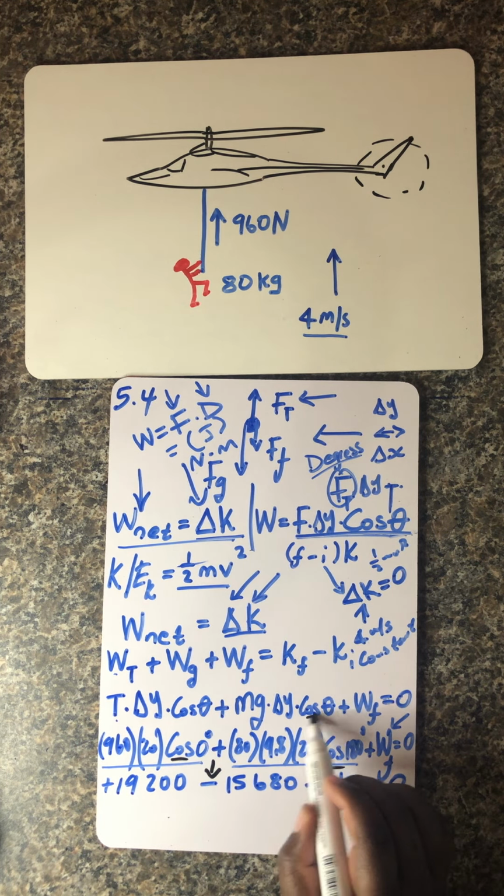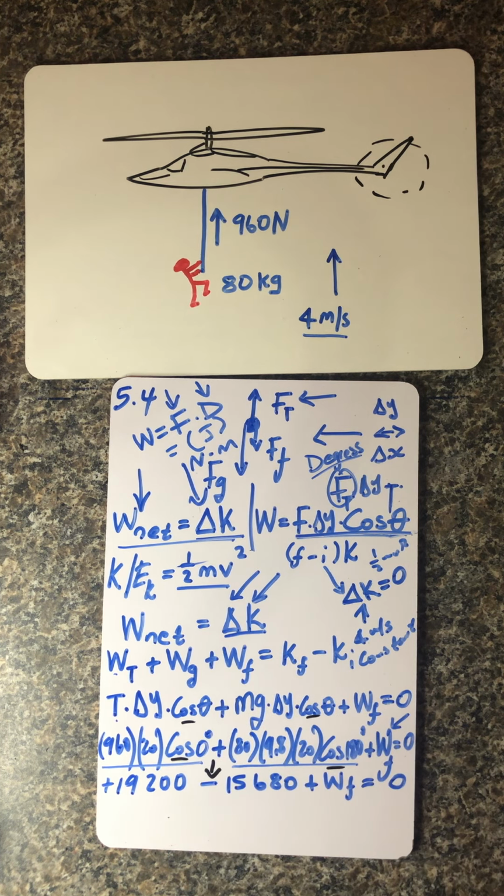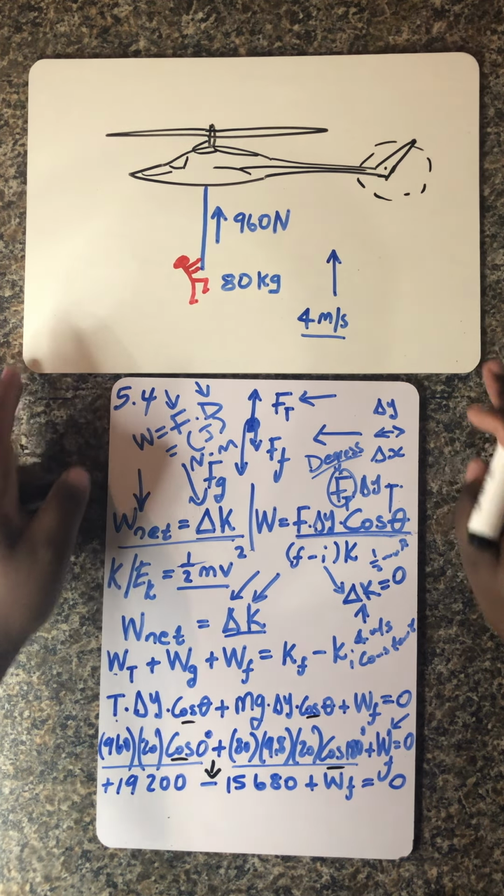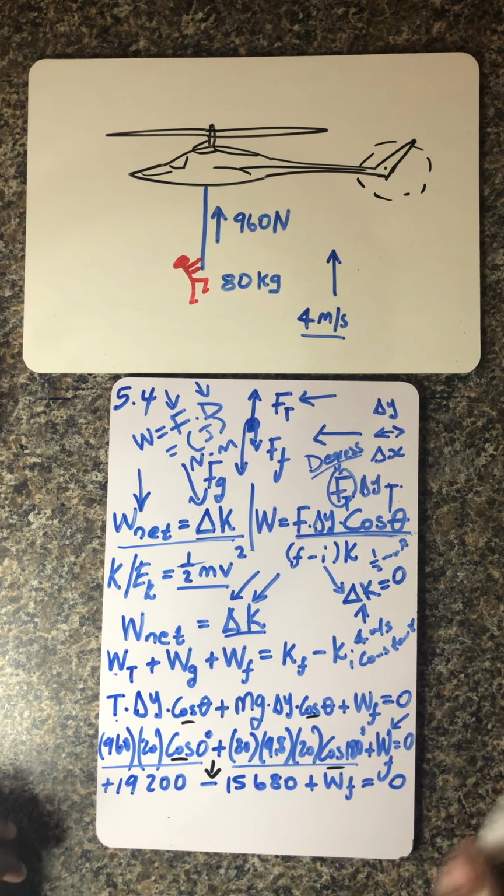Why? Because we know that cos actually has an impact on the direction in which the force is acting on an object. Let me just write here in a black marking pen.